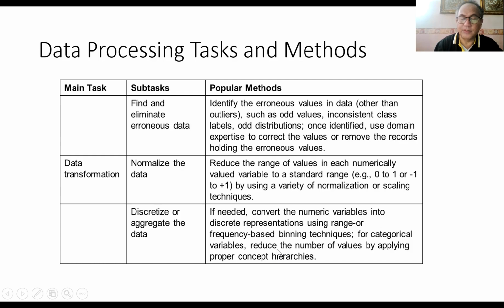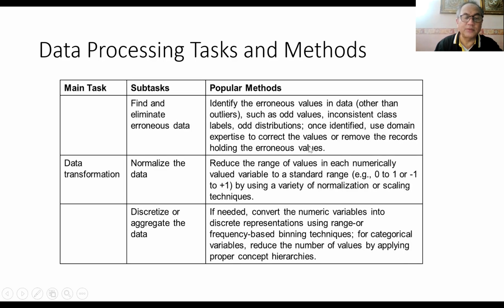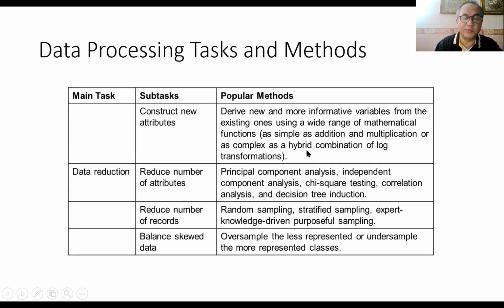You can have levels A, B, C, or you can have a grade, so you can have a hierarchy of the data. Then you can construct new attributes. When there are variables that you can combine, you can construct new attributes. That's how you do data transformation.